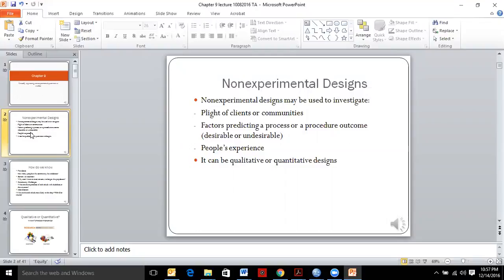It also can be used to investigate people's experience. And as we will learn, it can be qualitative or quantitative design.